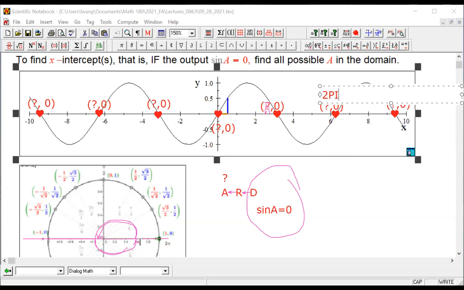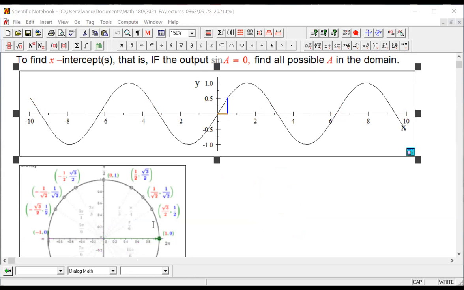And how about if you measure clockwise? If we measure clockwise, what do we get? We'll get a negative pi. Where's negative pi? Right here. So at this point, negative pi, the output is 0. Do you guys see that? So do we see a pattern?